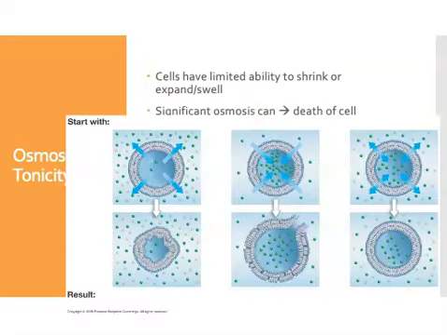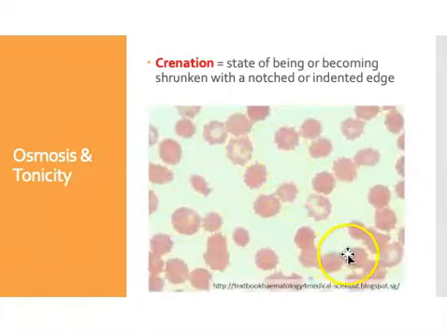It doesn't look quite as obvious as this, but you can definitely see that there's something abnormal happening with these red blood cells. These red blood cells are shrinking inward. The membrane is collapsing inward. We give this situation a name.